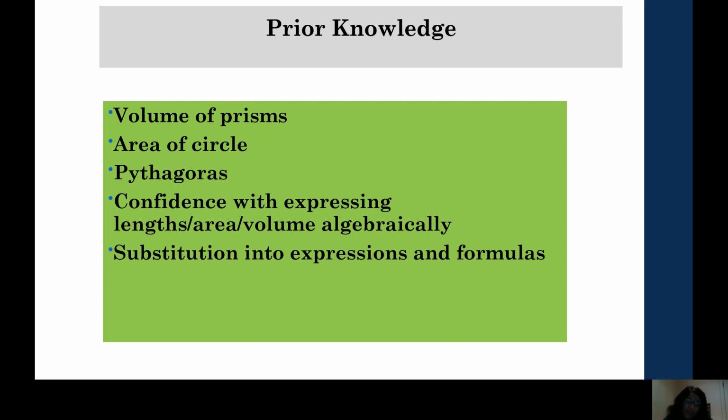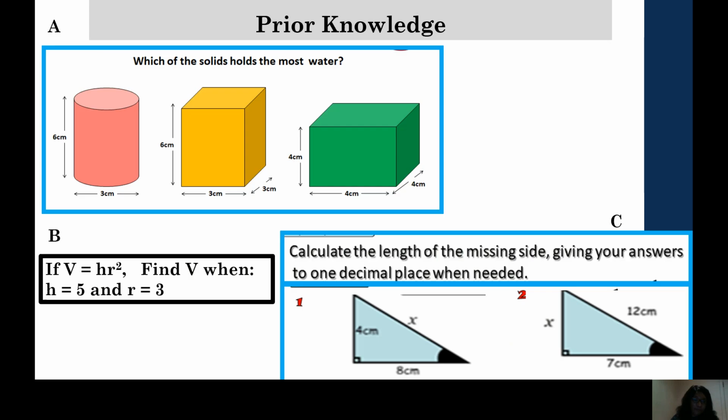You should be able to confidently express length, area and volume algebraically, especially when you have a worded problem, very hard problems to do. You should be able to substitute into expressions and formulas, because that's what we really need for volume of 3D shapes.